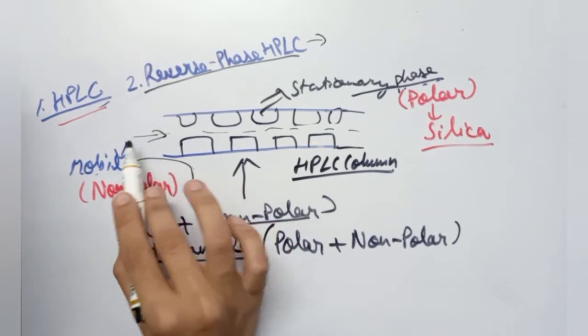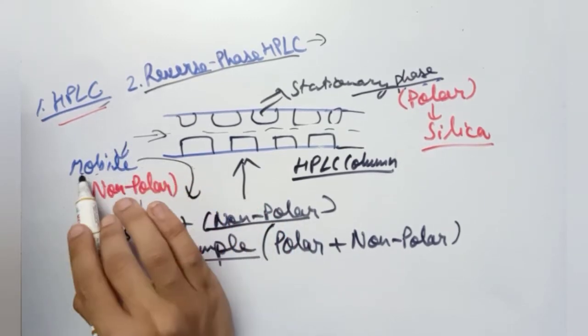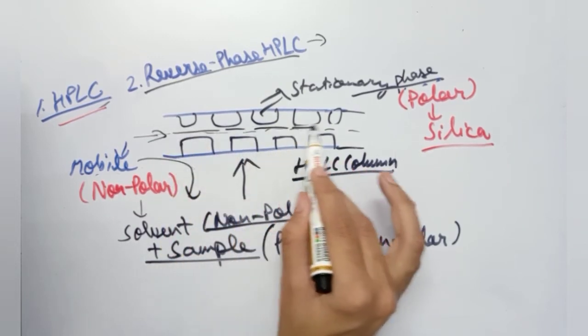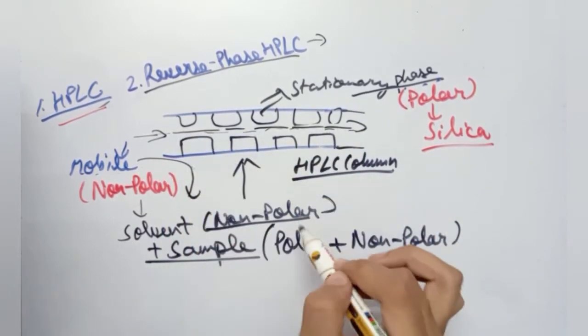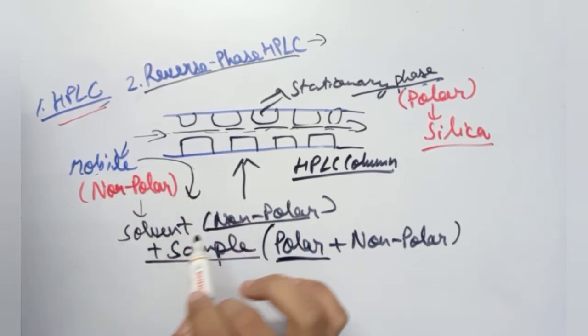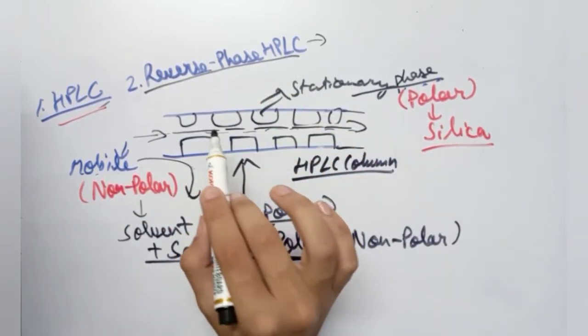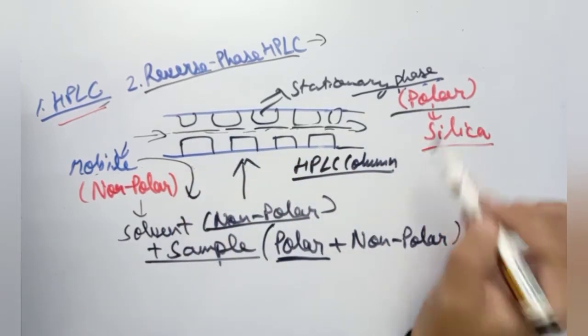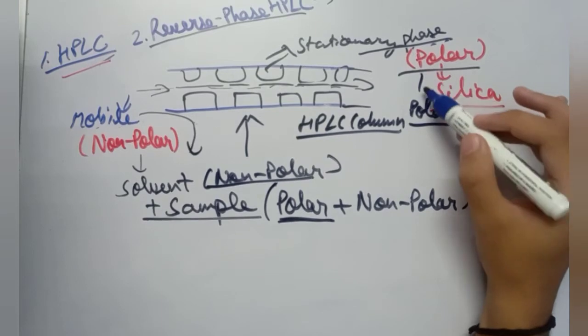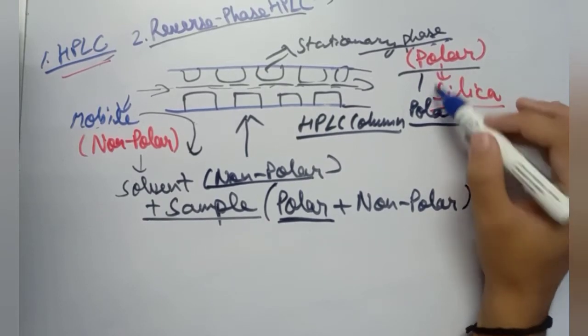Now when the mobile phase, which obviously contains the sample, passes through the stationary phase, the polar components of the sample present in the mobile phase get attracted to the polar stationary phase, because attraction is built between polar components.